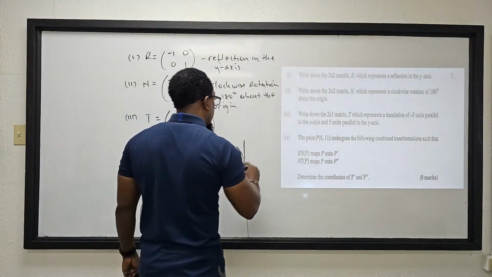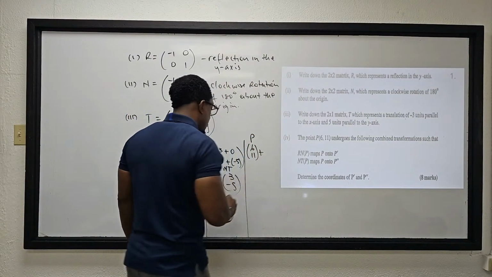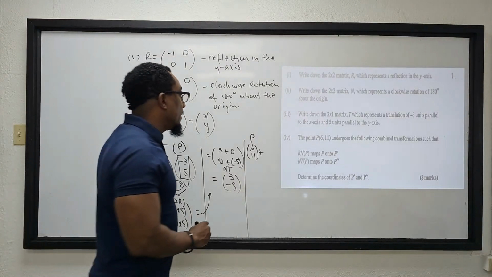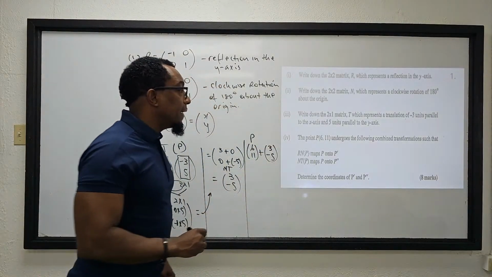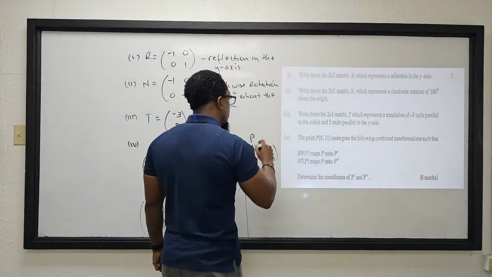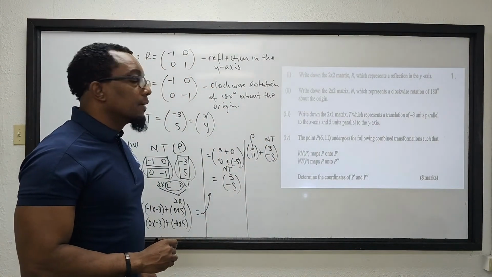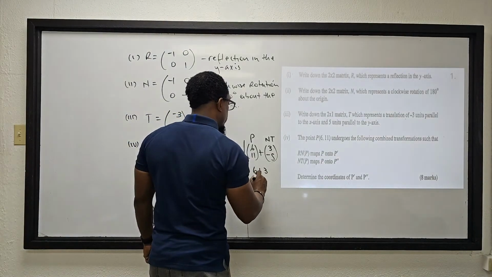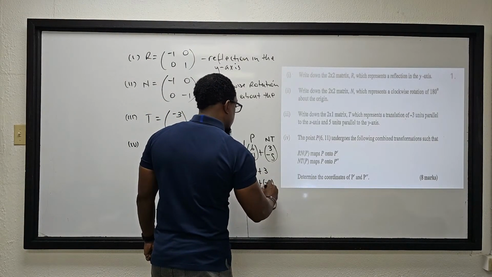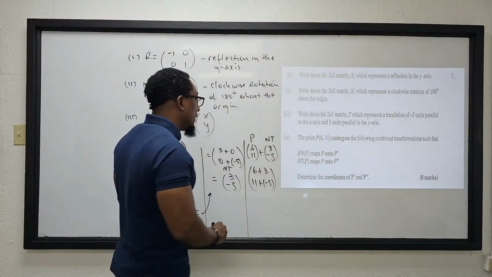So we're going to take P whose coordinates are 6, 11. We're going to add 3, negative 5, representing your combined transformation NT, good, onto P double prime. So this will be 6 plus 3 and 11 plus negative 5. And this will give us 6 plus 3 is 9.